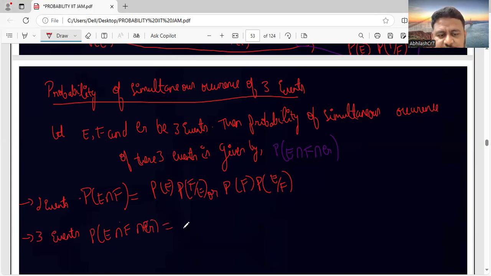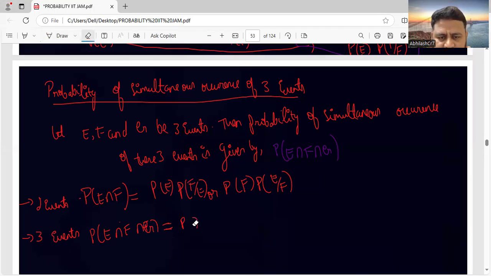So for that, what you have to write is, first of all, suppose the probability of event F has occurred, the second event has occurred, and the first event has not yet occurred.